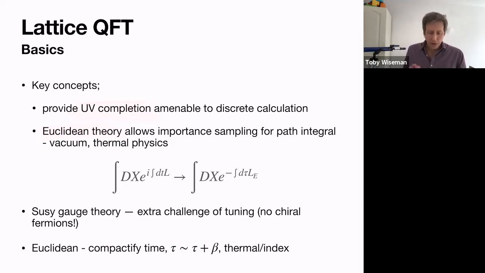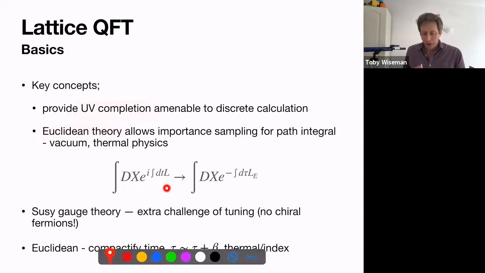In that situation, usually the lattice is a very powerful tool for simulating the path integral. The Lorentzian path integral, we can continue to the Euclidean. And then typically one has some real Boltzmann weight, and one can use Monte Carlo methods to importance sample this finite temperature partition function.